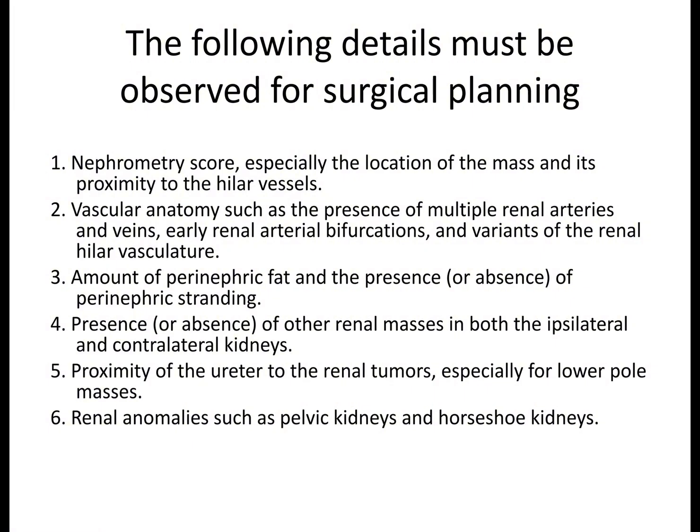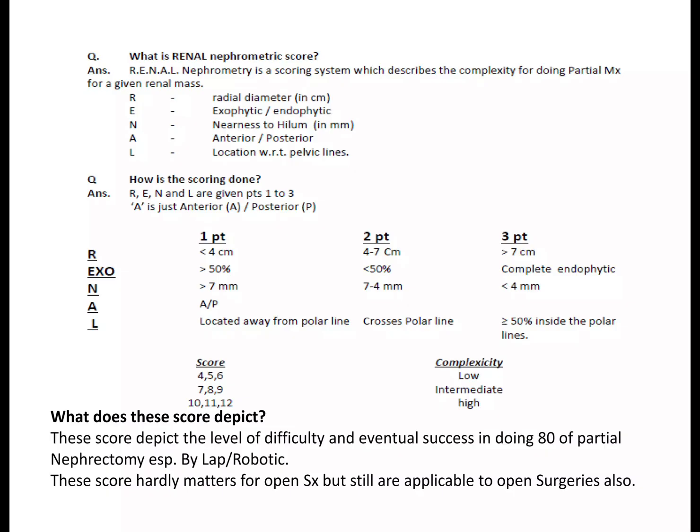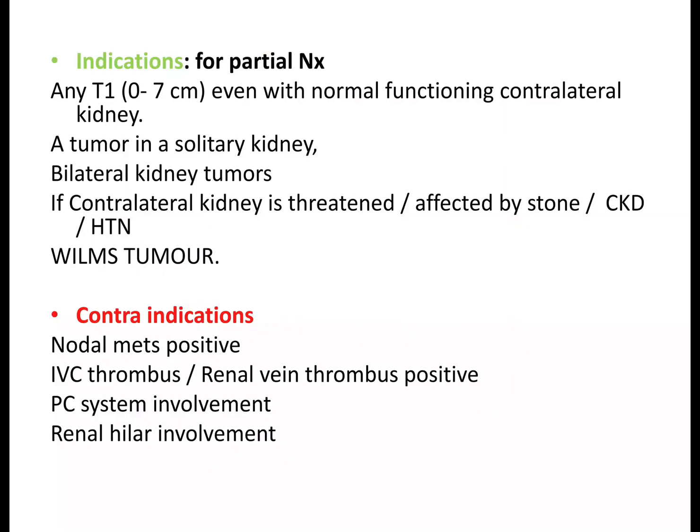The proximity of the ureter to the renal mass, especially for a lower pole mass, is also important. And renal anomalies, like the kidney may be pelvic or horseshoe kidney. So before embarking on surgery, you must have these things in your knowledge. This is the nephrometry score, and we have also discussed in detail how to perform it.